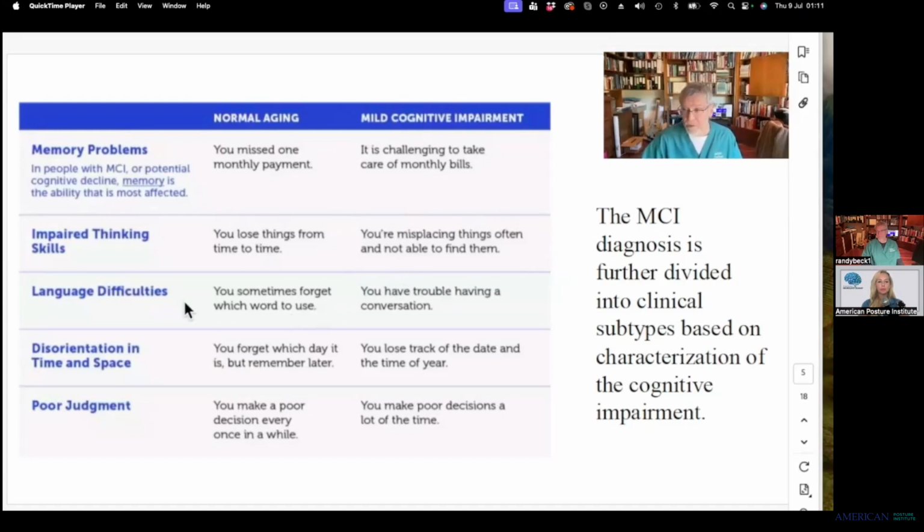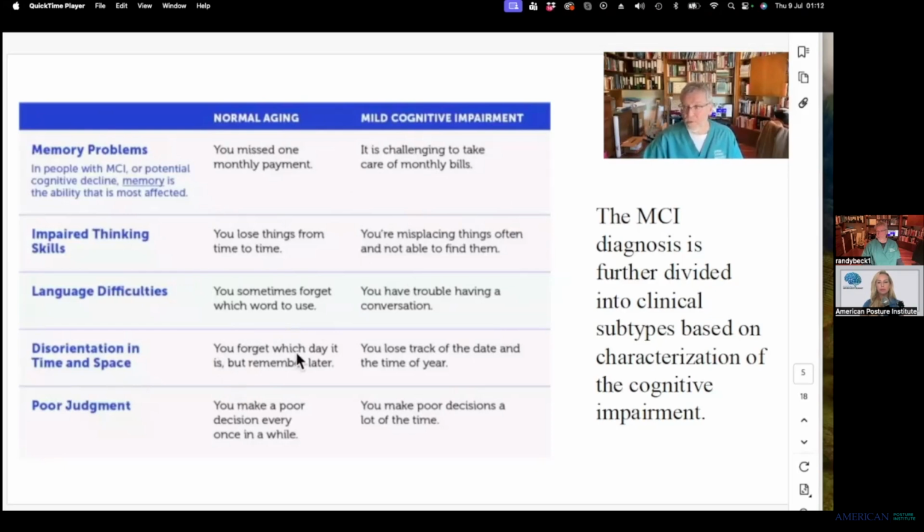Language difficulties: sometimes you forget which word to use in normal aging. Now, in mild cognitive impairment, you might have trouble actually having a conversation. So you can see from normal aging to mild cognitive impairment, there is a definite change in the way it affects your life.